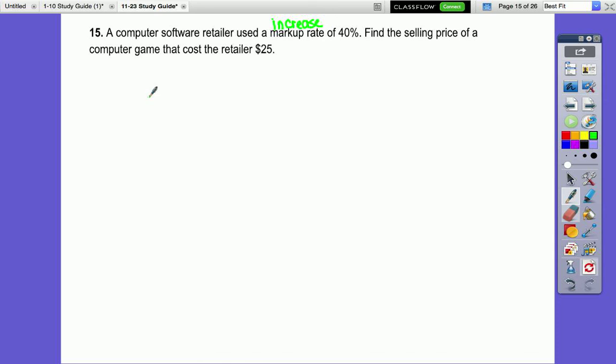So you're going to take your selling cost. Well, to calculate your selling cost or selling price, you're going to take the cost and you're going to add the percent of the markup times the original cost. And that will tell you your selling cost. So now I'm just going to fill in.